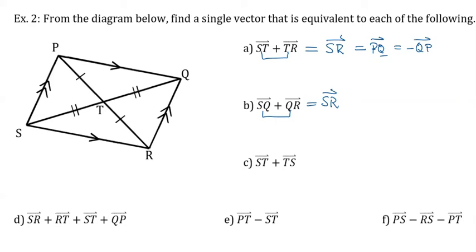Okay, these ones are good to do in steps. We're in particular going to do them in steps because we're going to show some thinking here. So this is a whole bunch of vectors added together, obviously, 4. And the first one's easy because R's are in the middle. And if I go from SR and then I add RT, what's the obvious answer to that question? ST. So we're going to start with that.